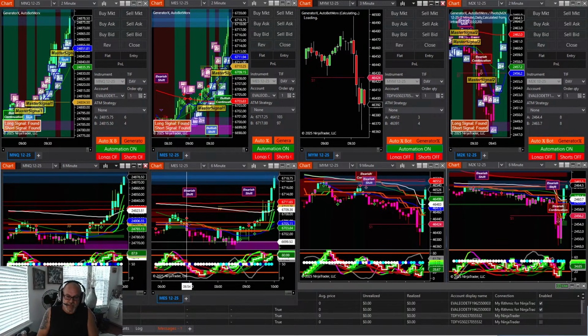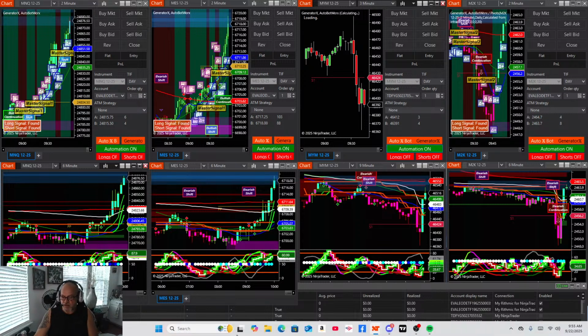That would be coming, if we do get set up, probably coming back into one of those fair value gaps on the higher time frame. Because it does look like we're going to make that fair value gap.